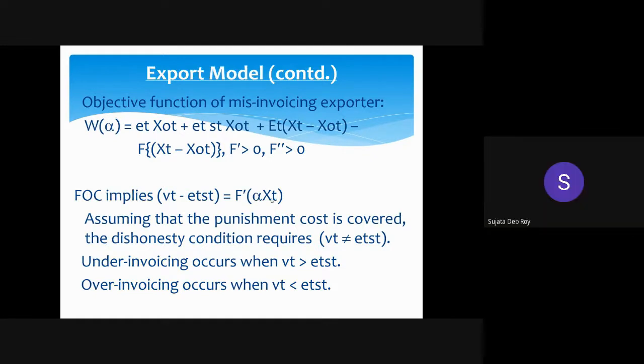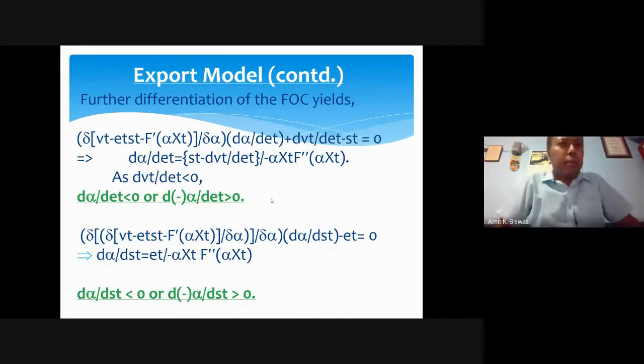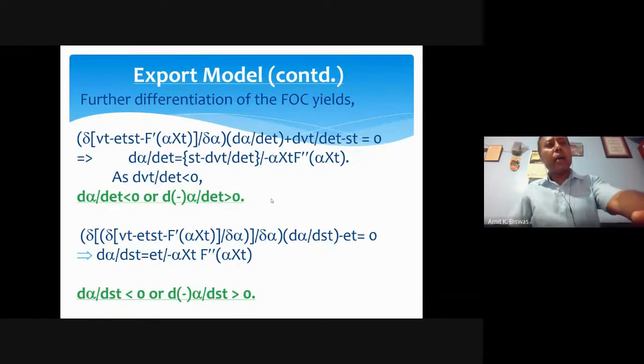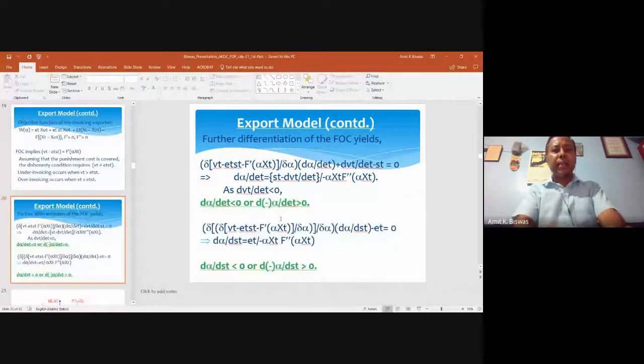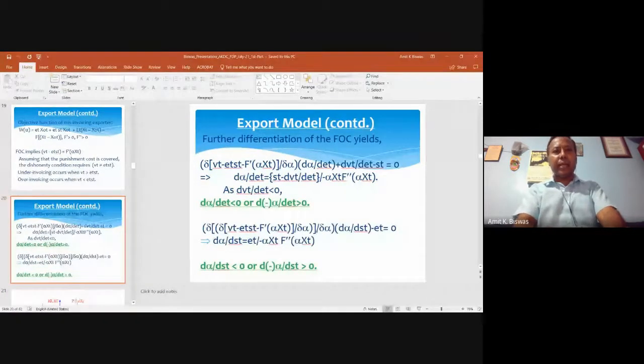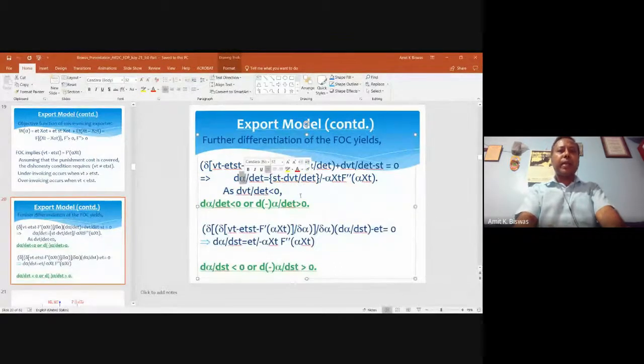Absolutely. Great. So now what we are doing is checking the role of the parameters or the exogenous variables that are affecting my behavior. And what is my behavior? What is the component that I'm trying to maximize? I'm trying to optimize the value alpha. Alpha is my decision variable.